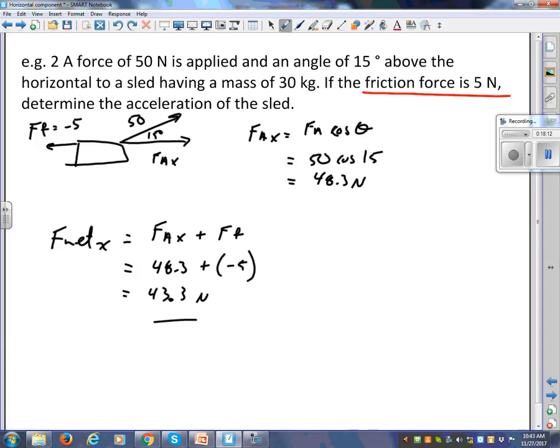And the last step, same thing as before, we're asked to find the acceleration. F net is equal to ma, F net X, I guess. So that's going to be 43.3.